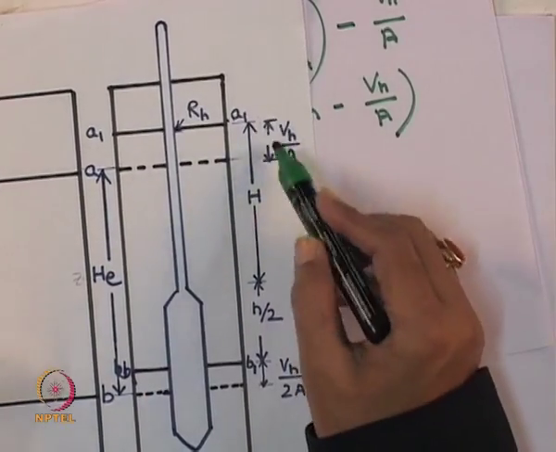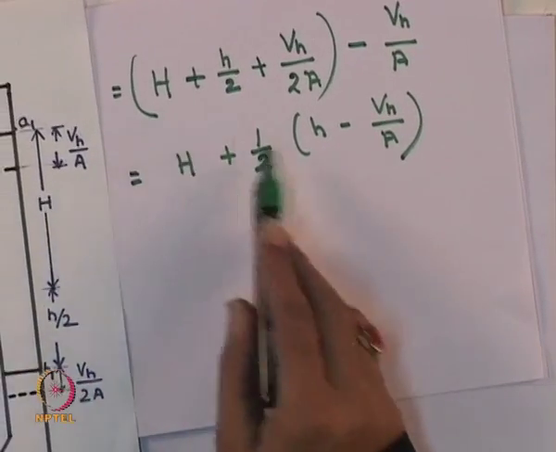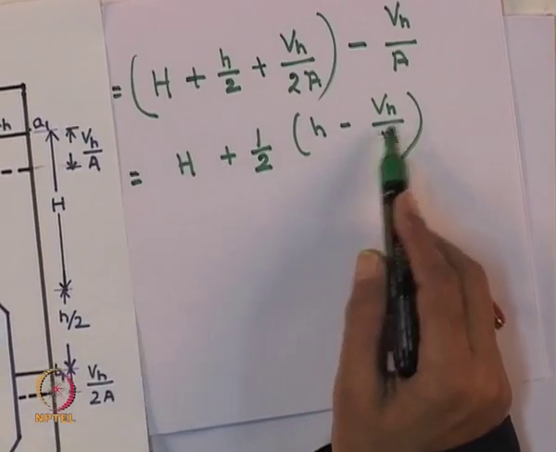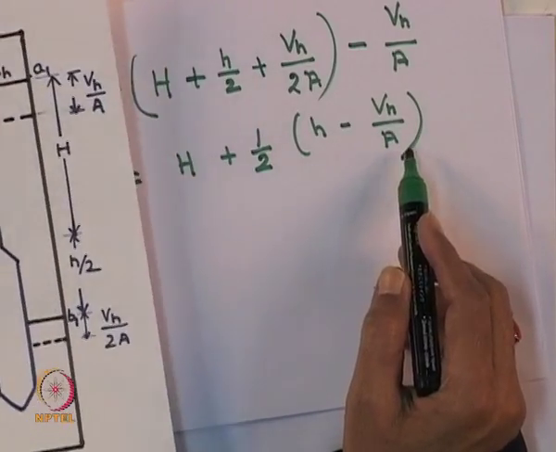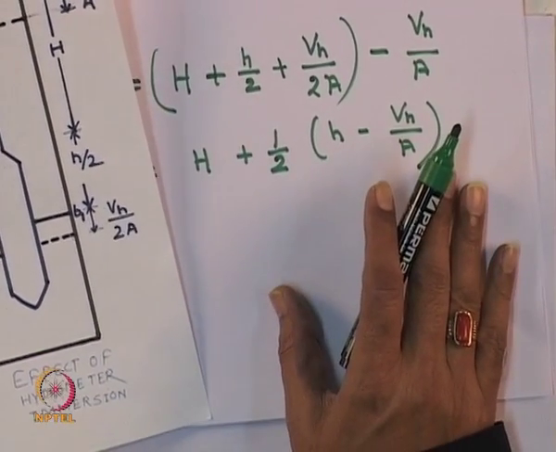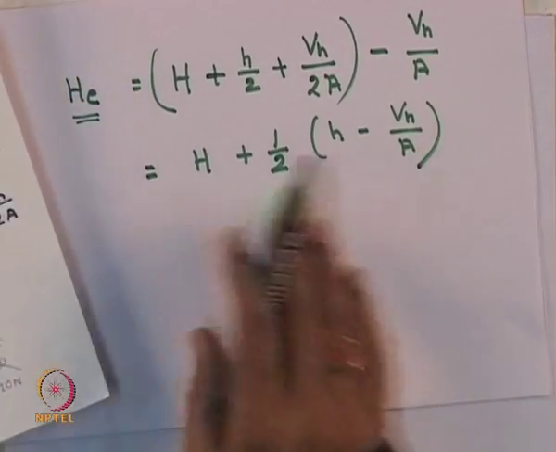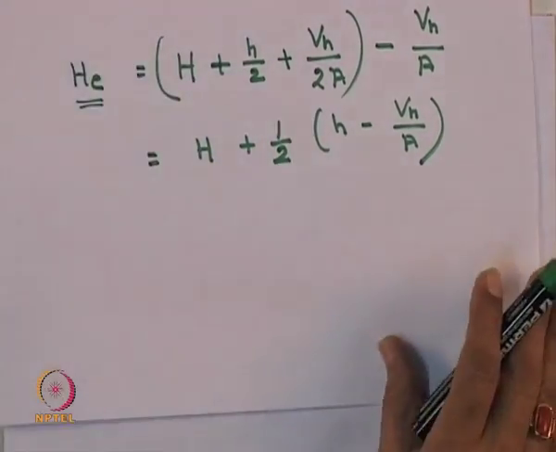That is why HE will be equal to H plus half into H minus VH by 2A. So this is the effect of the hydrometer immersion, and you have to take the reading from this equation.